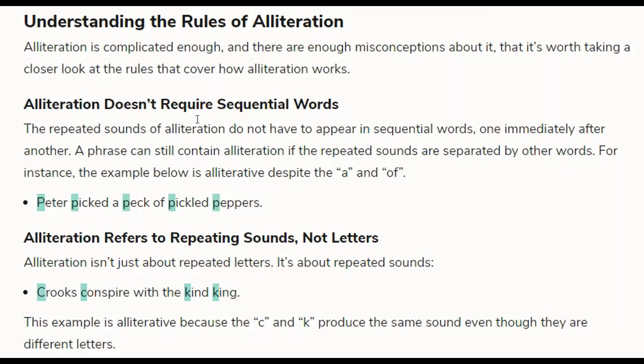Alliteration doesn't require sequential words. The repeated sounds of alliteration do not have to appear in sequential words, one immediately after another. A phrase can still contain alliteration if the repeated sounds are separated by other words.